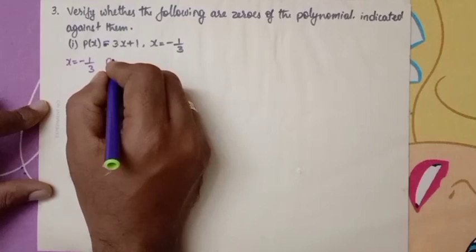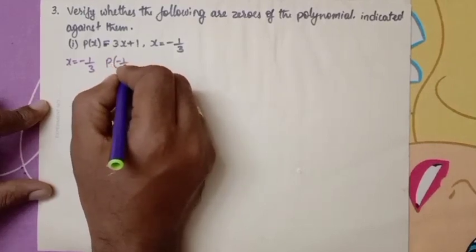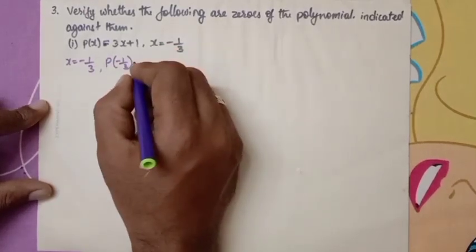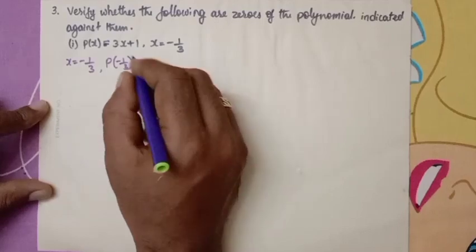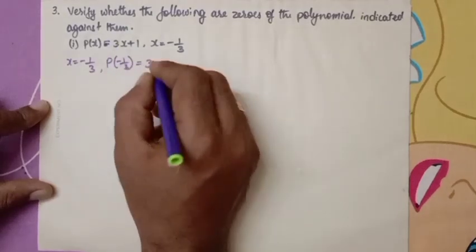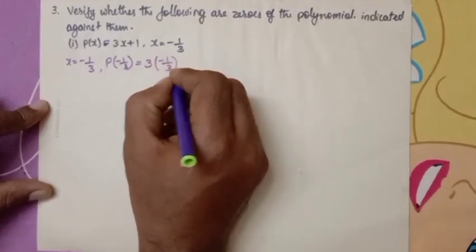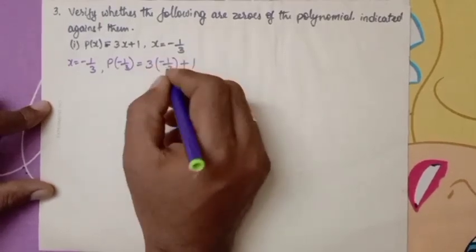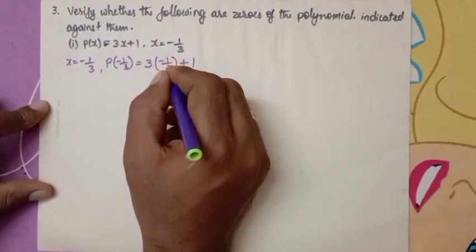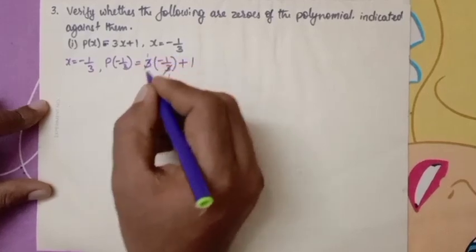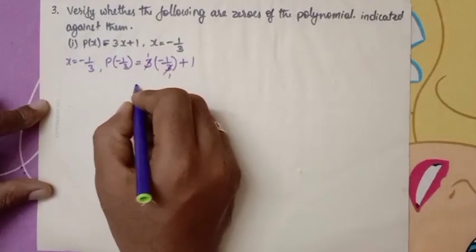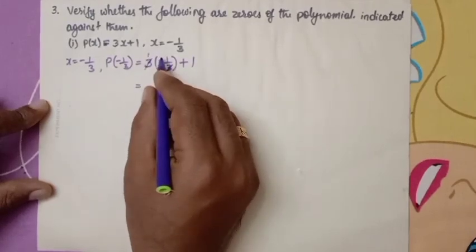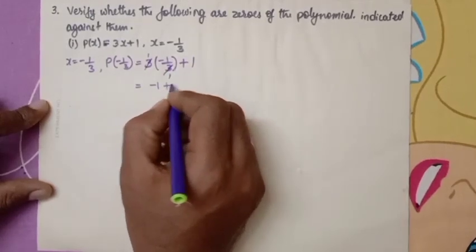So p of minus 1 by 3 is equal to 3 into, in place of x we should write minus 1 by 3, plus 1. So here 3 ones are 3 in the numerator and this 3 in the denominator. So 1 into minus 1 is minus 1 plus 1.